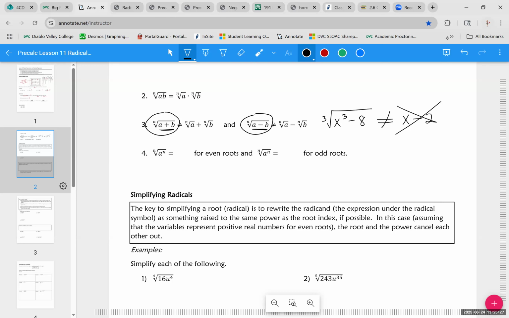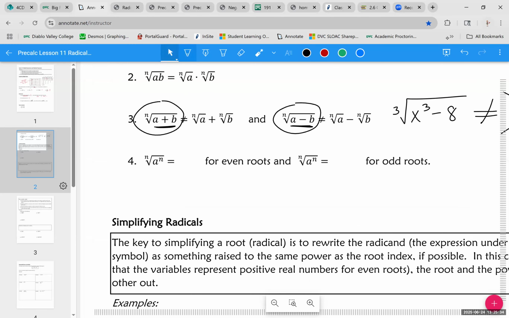And then the nth root of a to the n, okay, is actually equal to the absolute value of a for even roots. And it's just a for odd roots. So let me just give you a quick example to show that to you. Let's say if I'm doing an even root, let's just do a square root. Let's say a was -3. And so then I'm going to square root -3 squared.